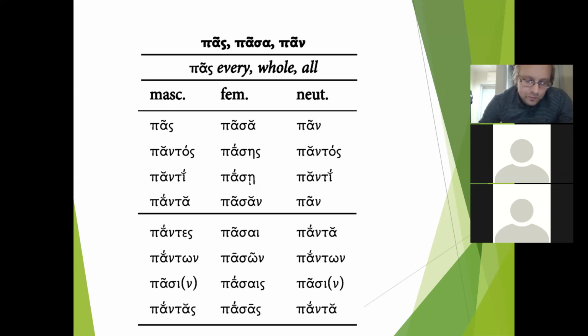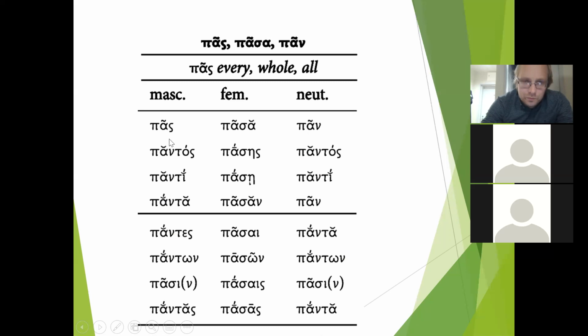But let's quickly go through these forms here. So if we begin with the singular, we have here in the masculine, pas in the nominative, pantos in the genitive, panti in the dative, and panta in the accusative.